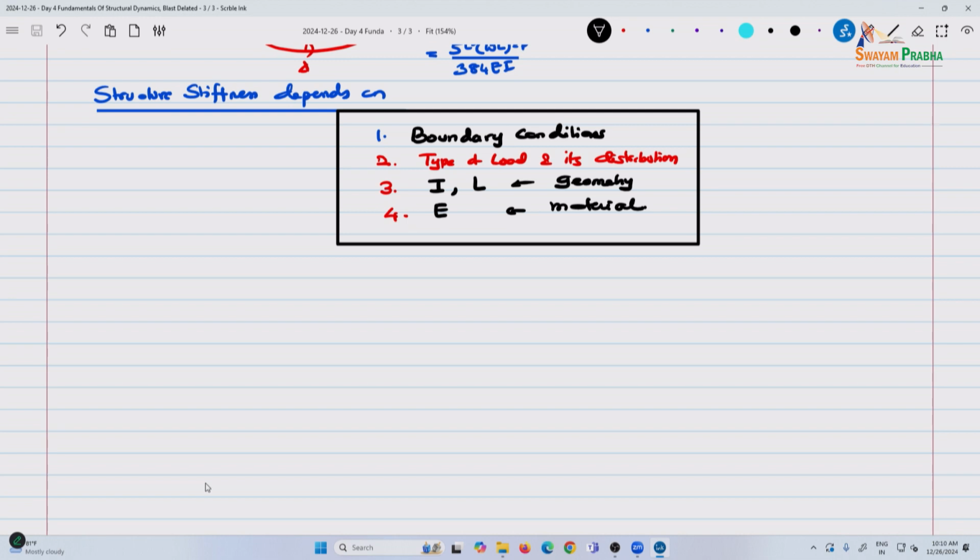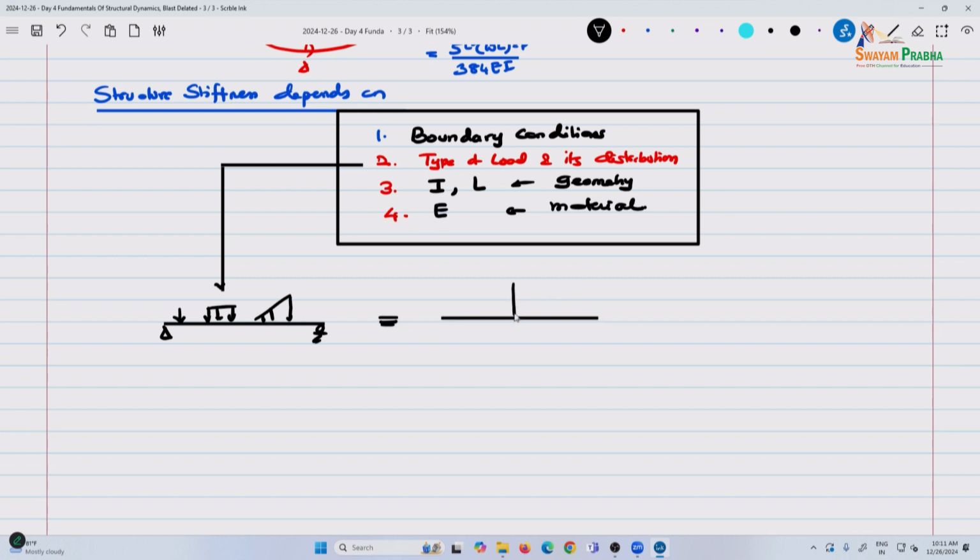Somebody mentioned the type of load and load distribution. Regarding that, whatever type of loading you have, you need to bring it down to an equivalent load. Now you might ask me, should I bring it down to a distributed load or a point load?